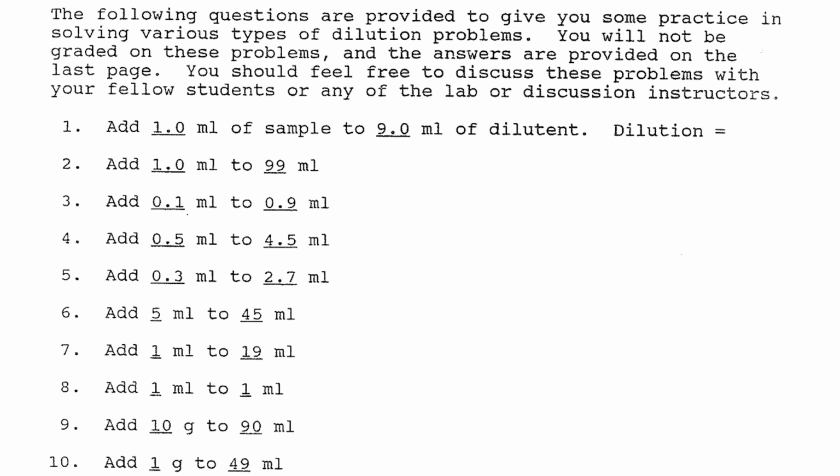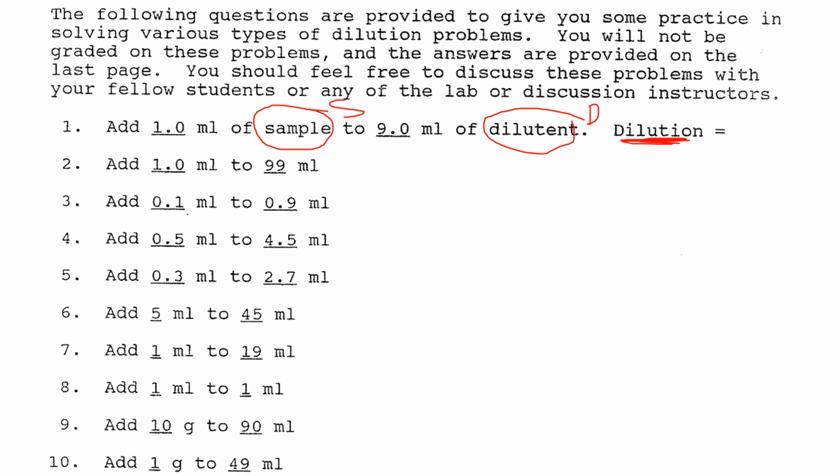Here's a little cheat sheet on how to do these types of problems, or the general formula you'll follow. You'll see how all of these questions ask you to add a certain amount of sample to an amount of diluent. We're going to call this S, and this D, and we want to know what is the dilution that we just made.